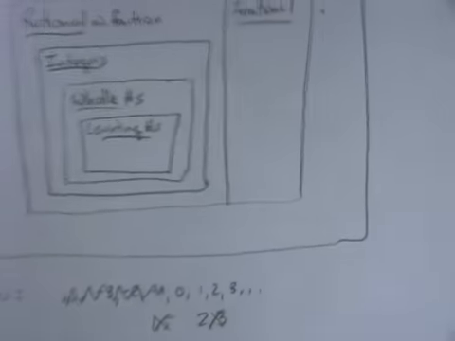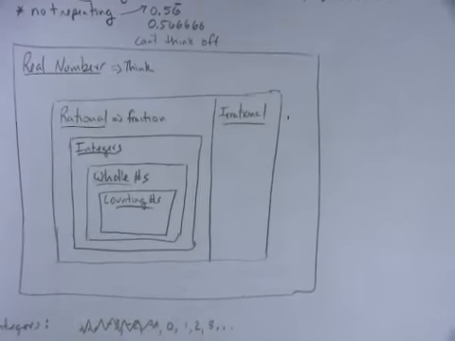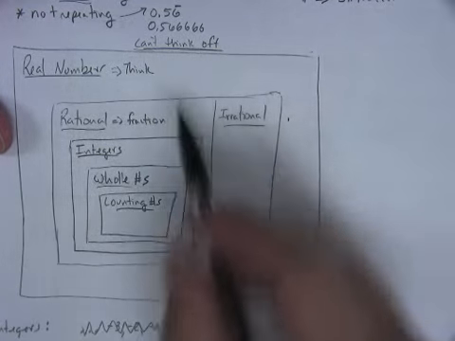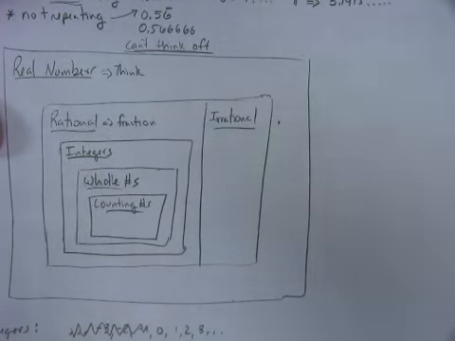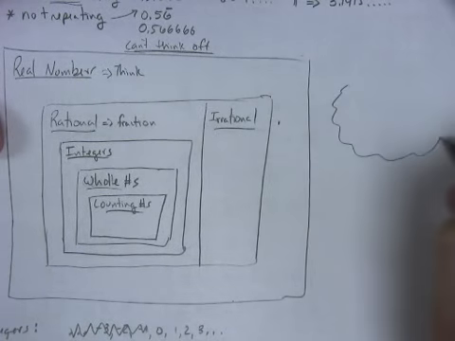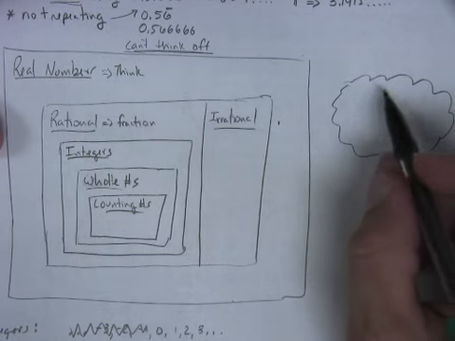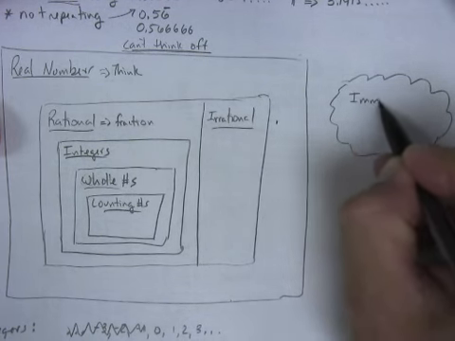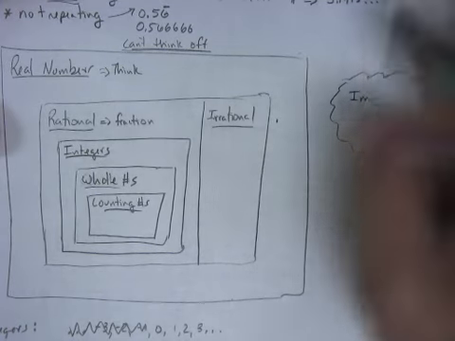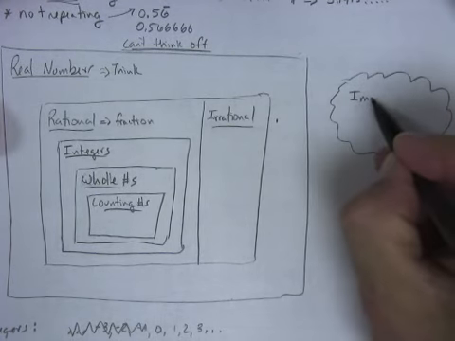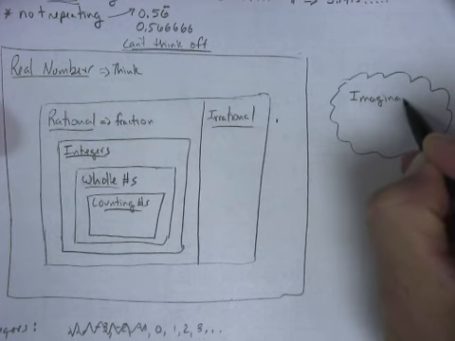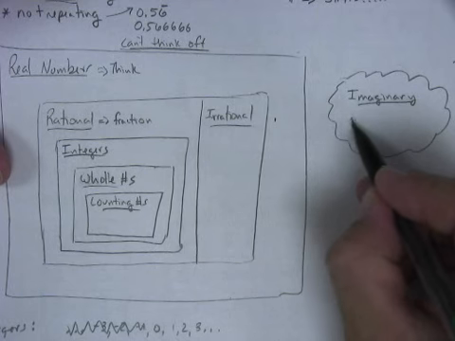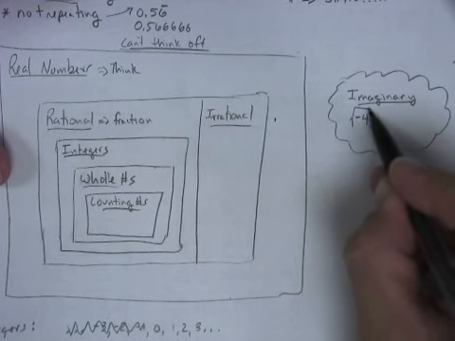Okay, so let's go back to the diagram. And remember, I told you we're going to talk about some numbers that we don't classify as real numbers. Let's do one example. I put them out in the cloud here because they're kind of weird. They're called imaginary numbers. And I'm going to spell imaginary wrong, I have a feeling. I hope I got that right. Imaginary numbers are like the square root of -4.